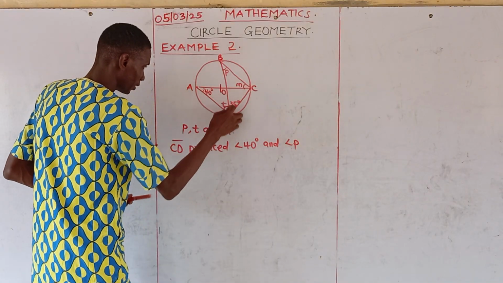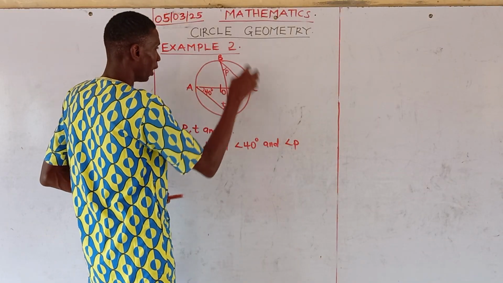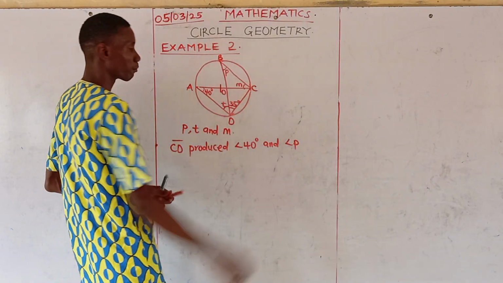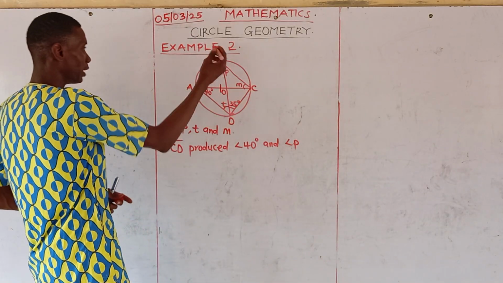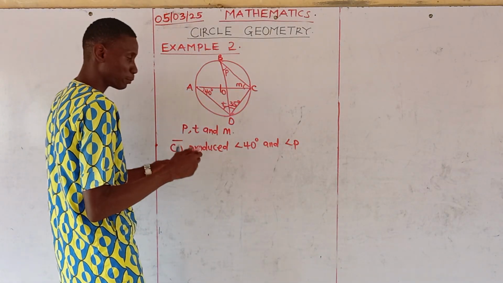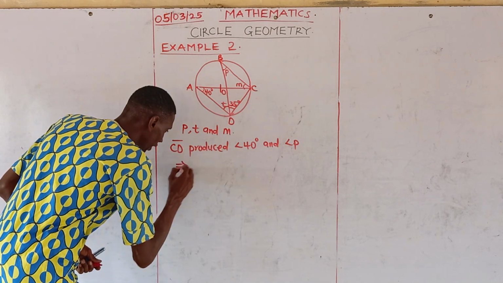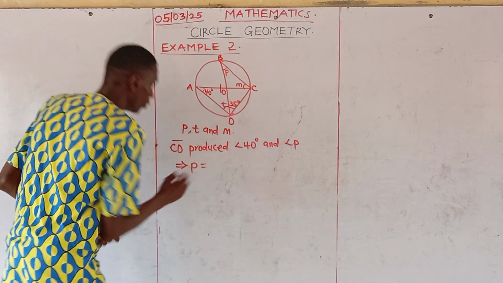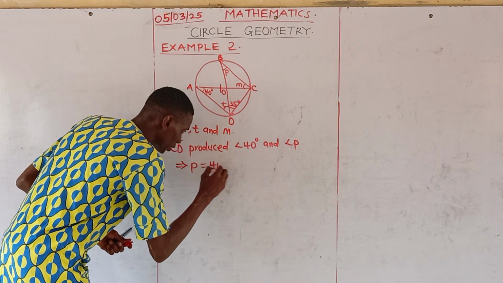It is still the one producing angle P. So from the diagram, or let me say from the perspective of your reason, this implies that angle P will be equal to 40 degrees.